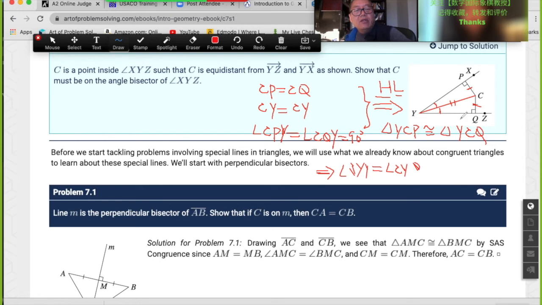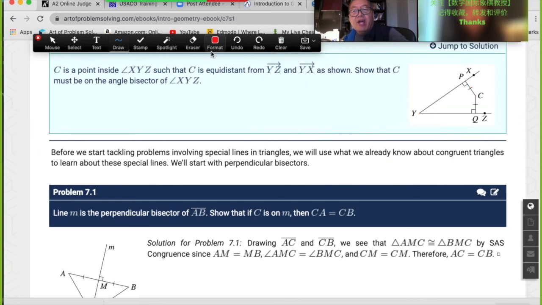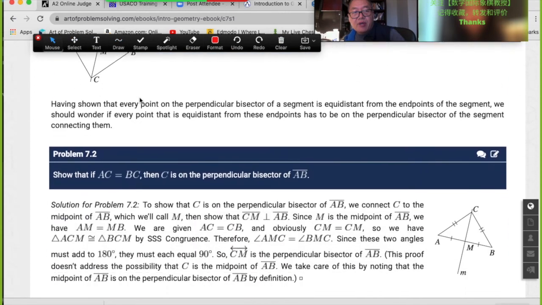Therefore, C is on the angle bisector of the angle. So we got the conclusion. We proved this problem. Now, do you have any questions? If you don't have any questions, exercise problem.